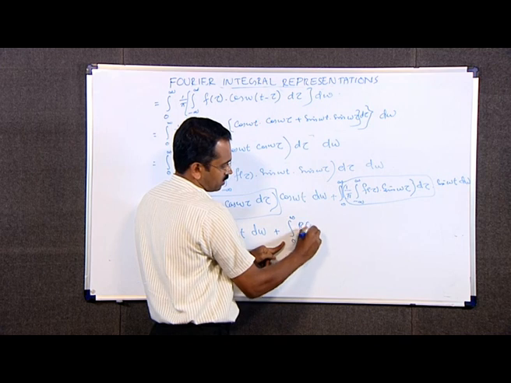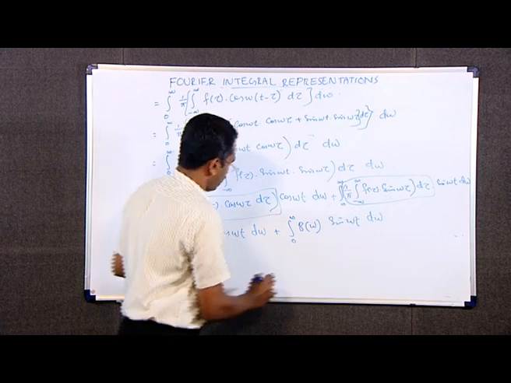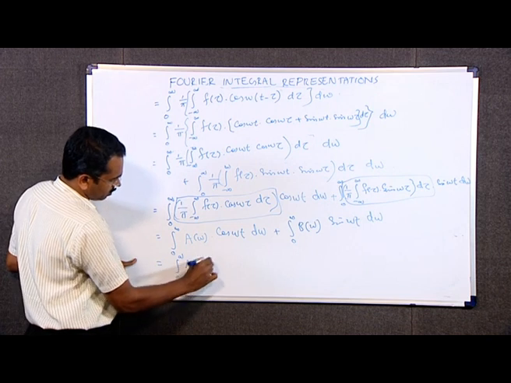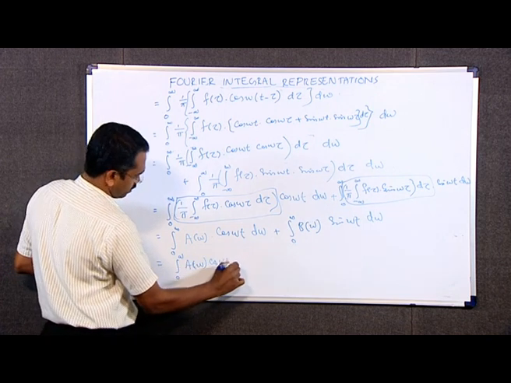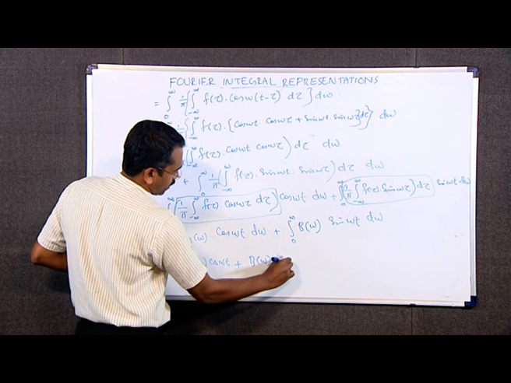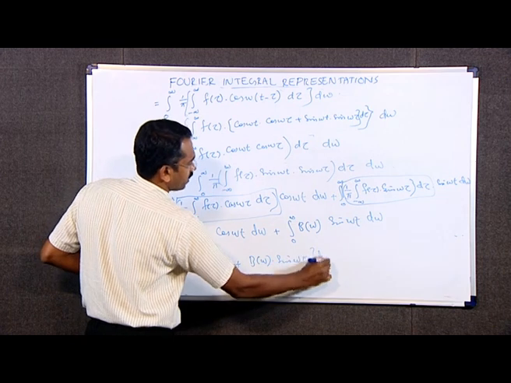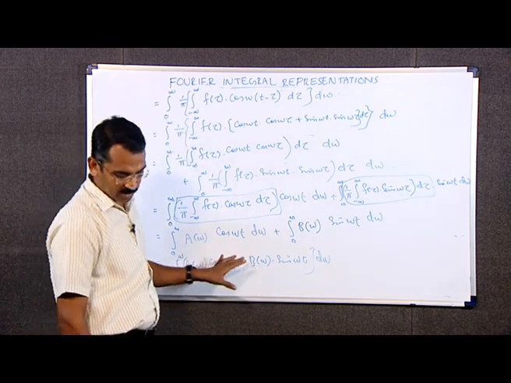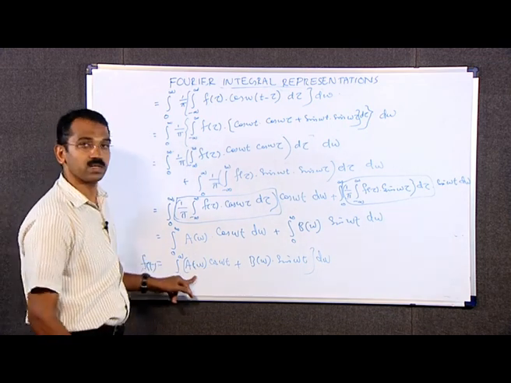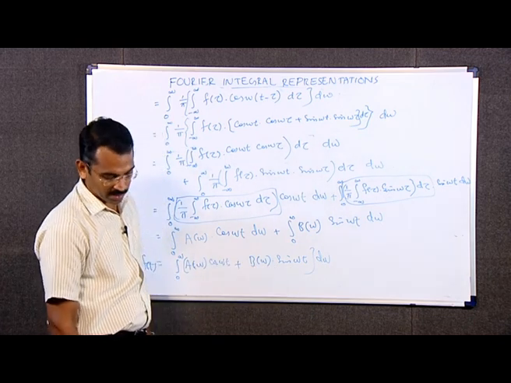We write this as b of omega into sin omega t d omega, that is the integral from 0 to infinity a omega cos omega t plus b omega sin omega t d omega. We can combine these two integrals as a single integral. We can write f of t as the integral from 0 to infinity a omega into cos omega t plus b omega into sin omega t d omega.